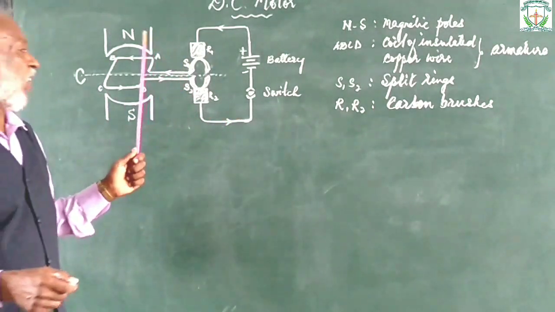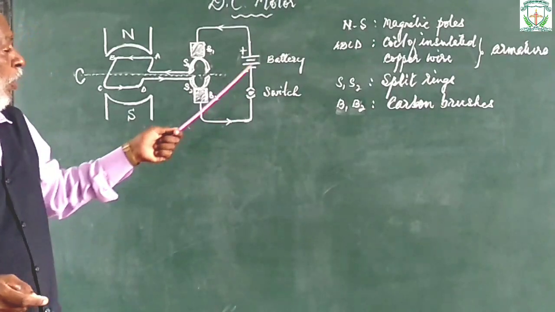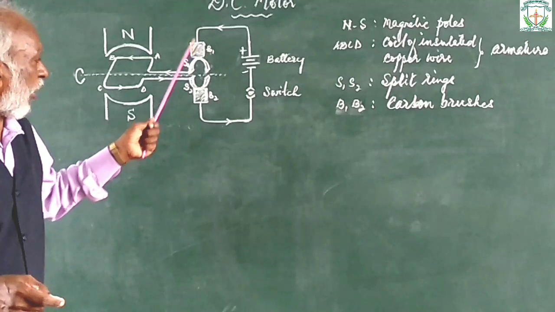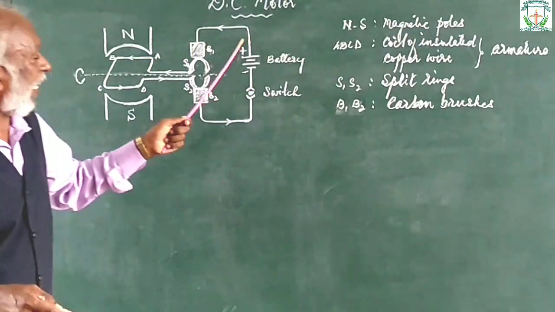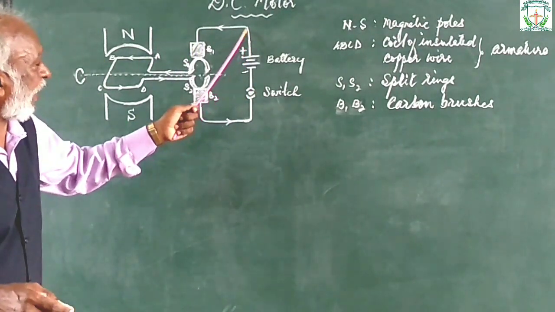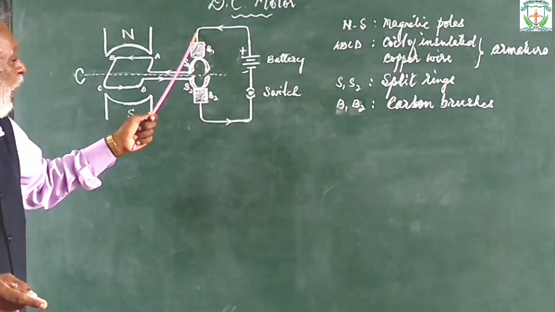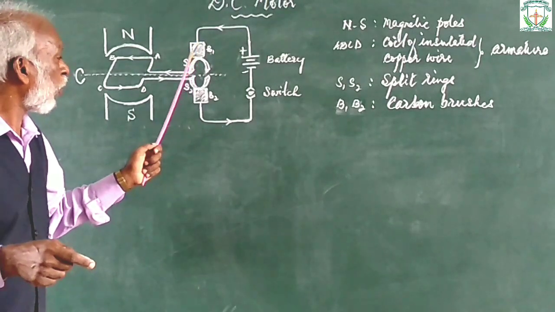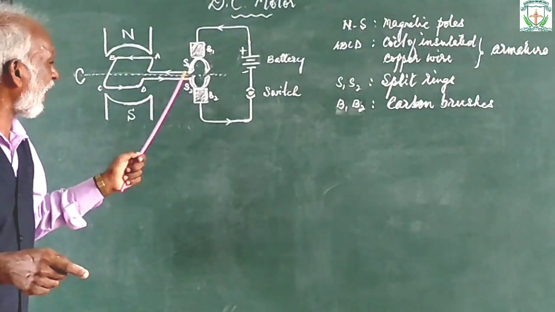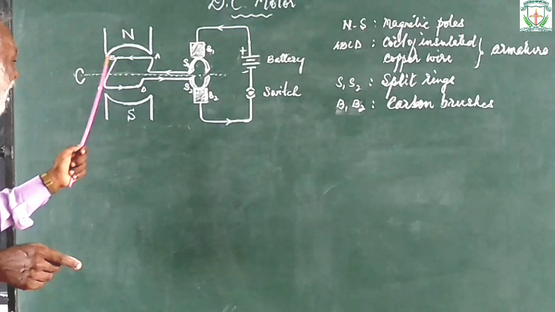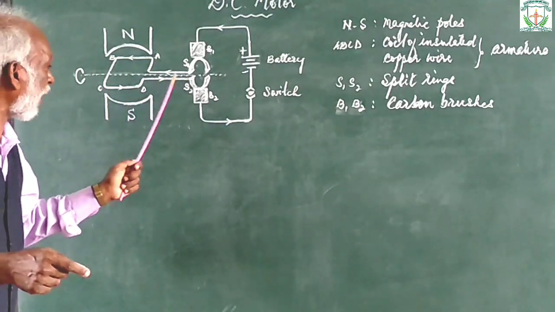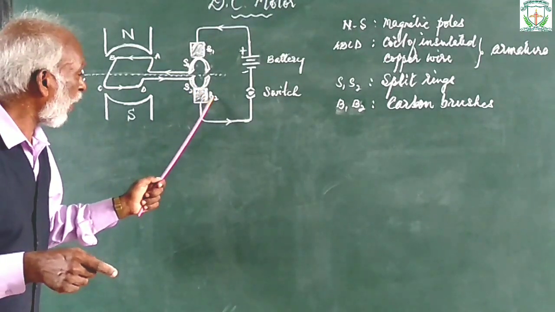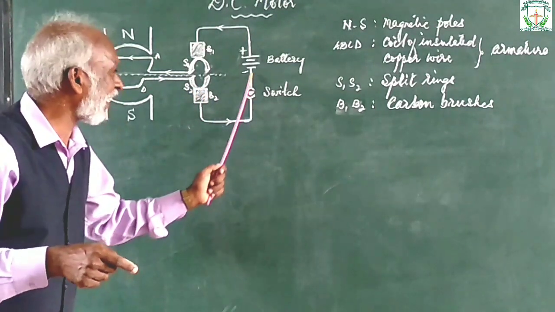Now we will see how it works. When the external battery connected to the brushes is switched on, current from the positive pole of the battery or battery eliminator reaches brush 1. From there, through split ring 1, in the direction A, B, C, D, and back to split ring S2, and through brush B2 it reaches the battery.